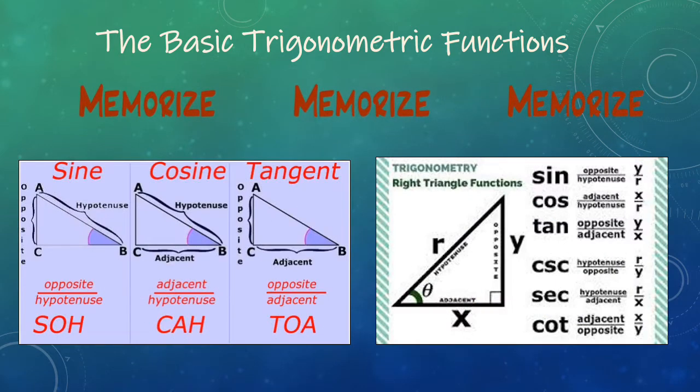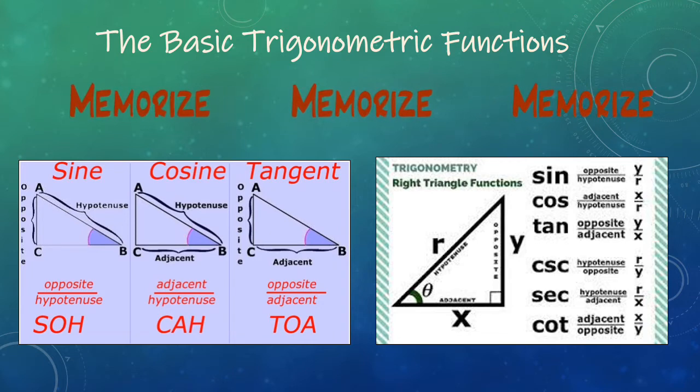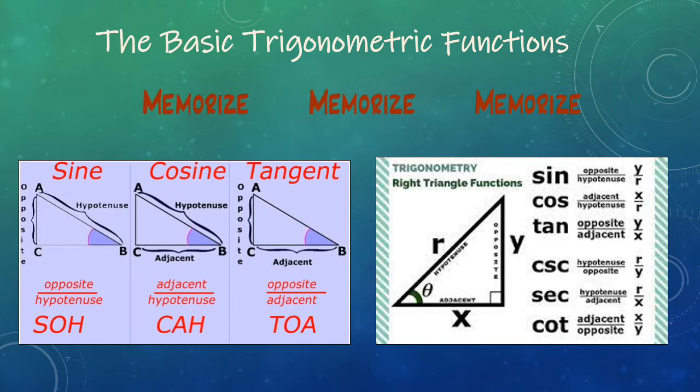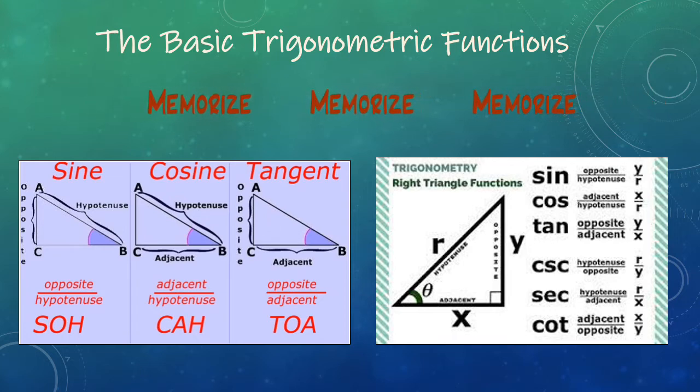No matter how you choose to do it, you must know the basic trig functions in terms of opposite, adjacent, hypotenuse, and x, y, and r, inside and out, backwards and forwards, and it must become part of you.